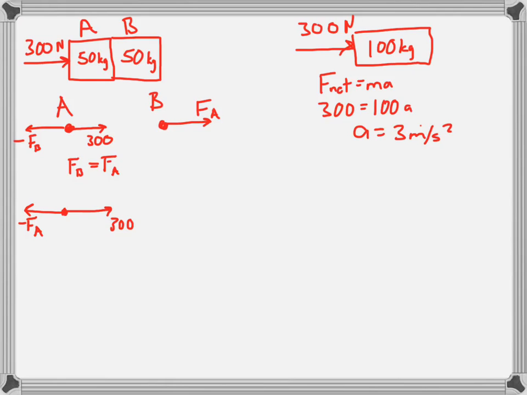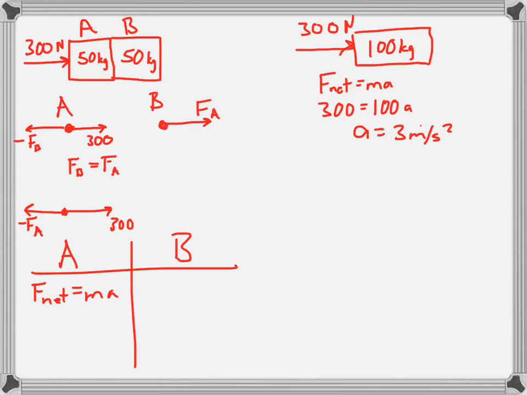So what I would do then is let's go ahead and set up two separate situations of Newton's second law, one for box A and the other for box B. Now, the only force that box B is experiencing, that net force, is only the force of box A. So FA equals the mass of that box times its acceleration.